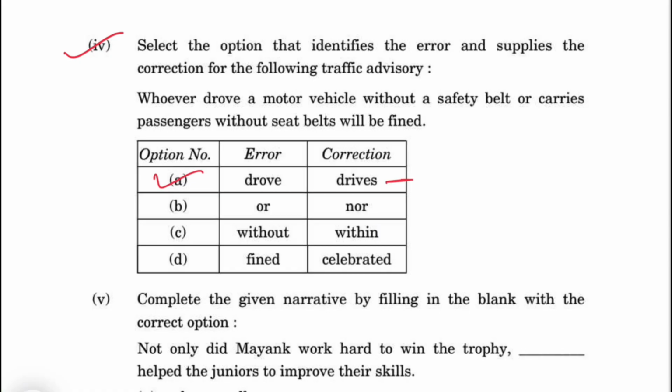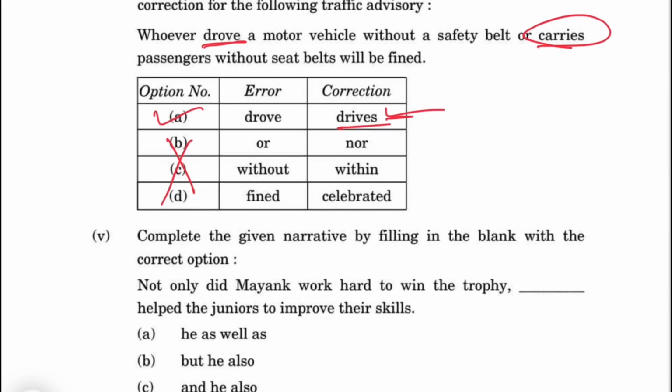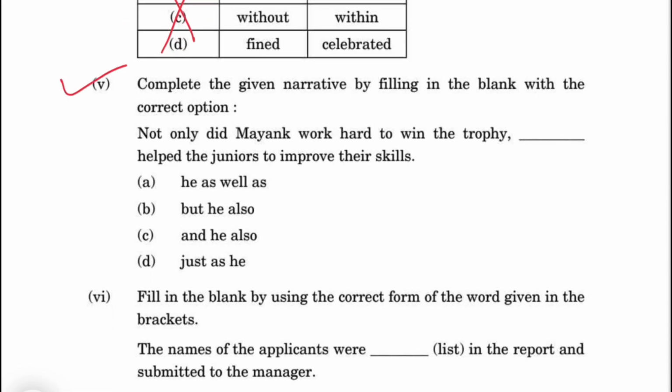First of all, drove can be replaced with drives, whoever drives, but we need to check whether the sentence is present or past. Carries tells us that this sentence is in present tense. So drove is wrongly used here, it is the error, and drives is the correction. No need to check the other three.